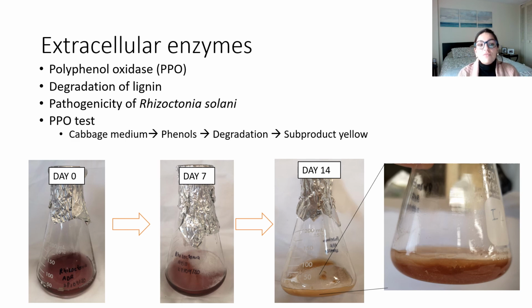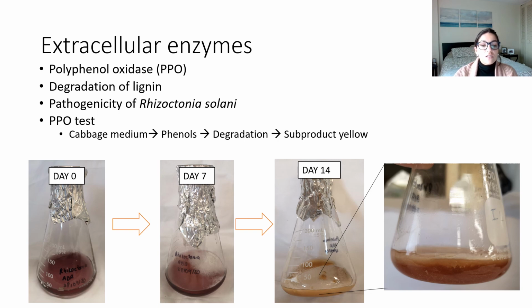In this lab, we have a video of how a PPO test is performed using a cabbage medium. What happened with this medium? We prepare a medium, which is this purple one, a liquid medium from cabbage, and then put the fungus to grow inside it.